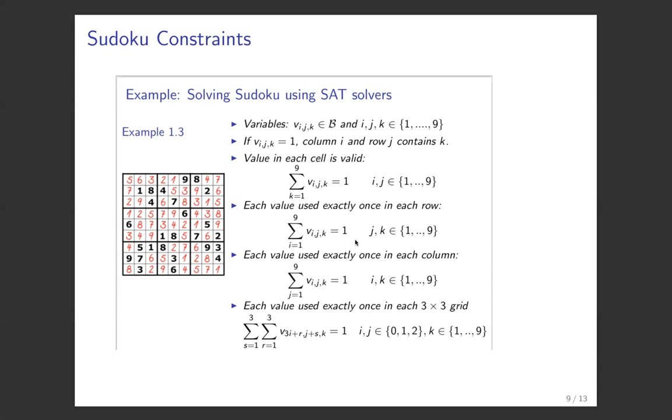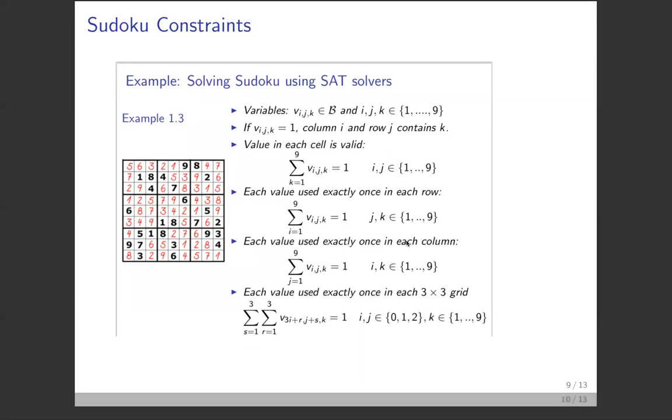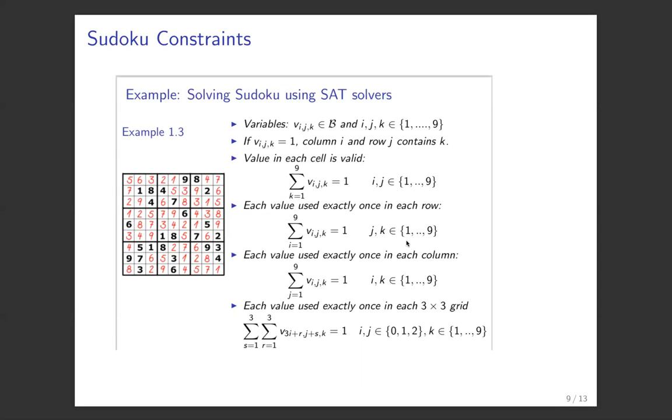That's how you should read this. When you sum all those 9 variables, it should be 1. There will be one such constraint for each I, for each row, ranging over J and K. And similarly for J, ranging over I and K.